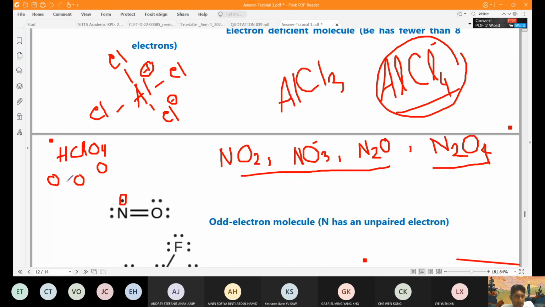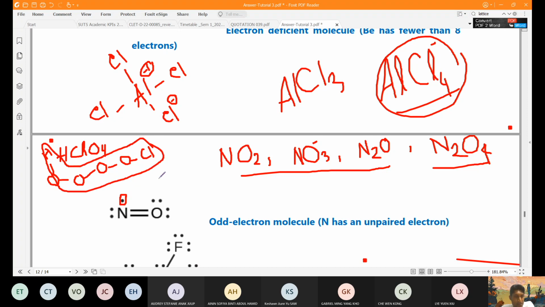So oxygens are attached, and then one hydrogen is attached somewhere and one chlorine another way. This is one possibility only. There are other possibilities for perchloric acid.